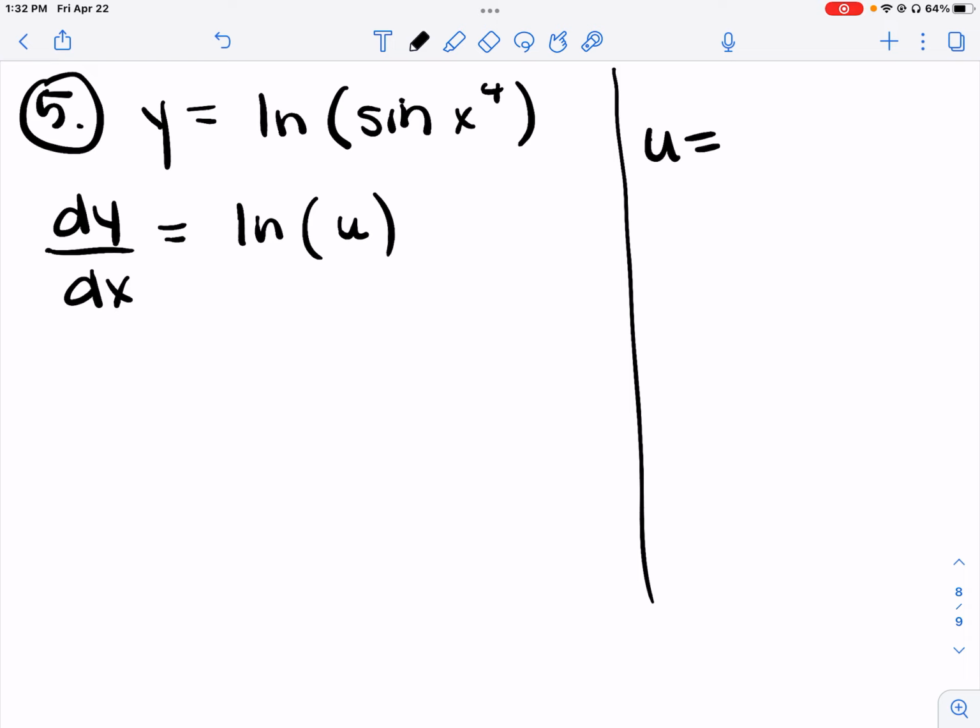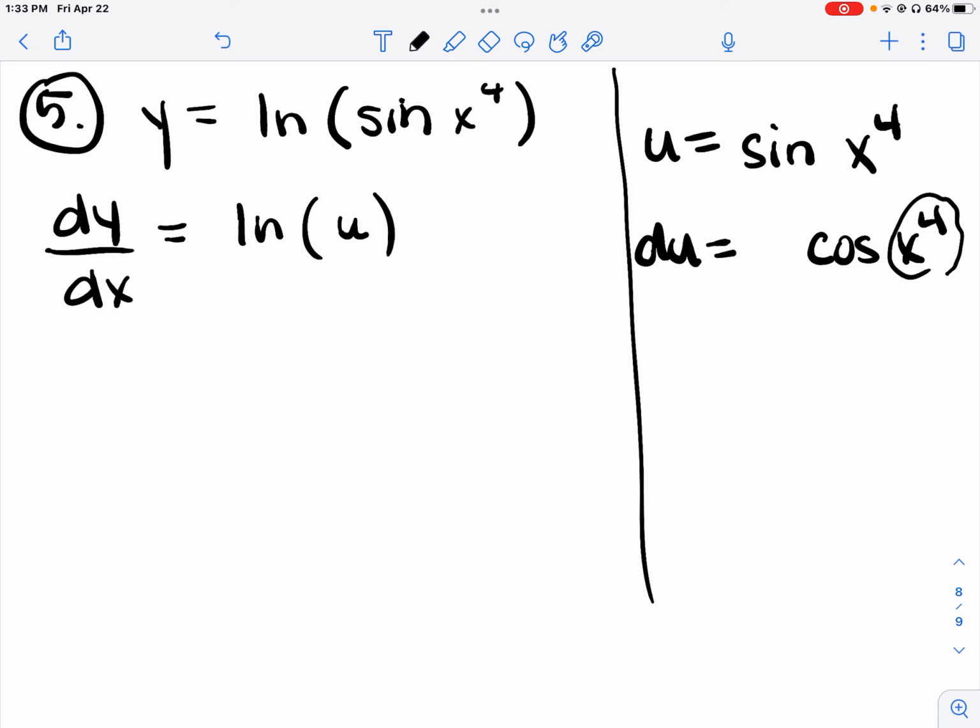We also need to identify what u is, which is sine of x to the 4th. The derivative of sine is cosine, but we also take the derivative of the part right here, which is 4x cubed, and also with a dx.